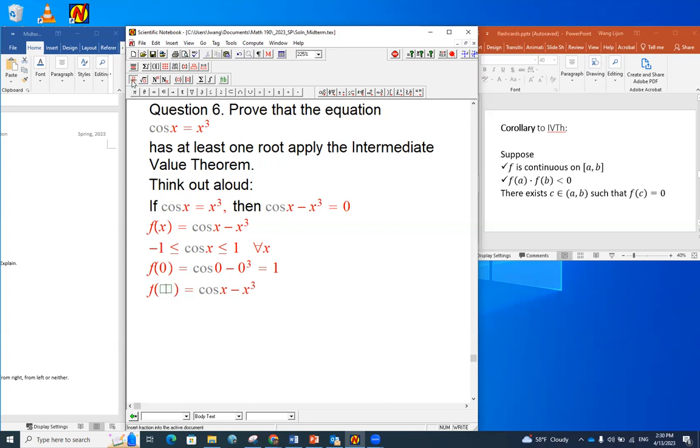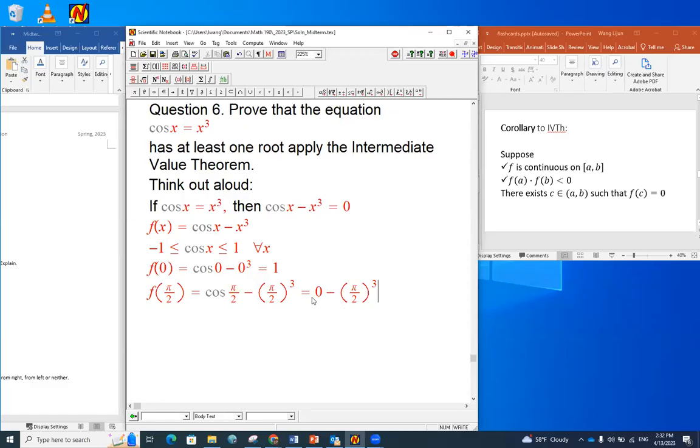How about pi over 2? Try it. f of pi over 2, x replaced by pi over 2. Cosine pi over 2 is 0. 0 minus this piece, the whole thing is going to be negative.